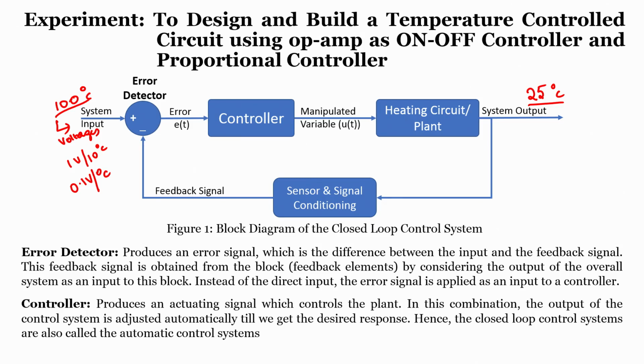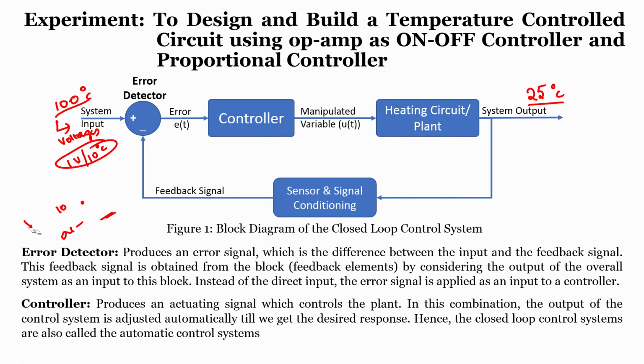When you give the input as 1 volt, I am telling my system to maintain 10 degrees centigrade. When I give the input as 5 volts, the set point of the system is around 50 degrees. When I give 10 volts, the system set point is 100 degrees. Since an electronic signal is the only understandable input to the complete system, we have to convert the degrees into voltages. This is the factor that I am choosing.